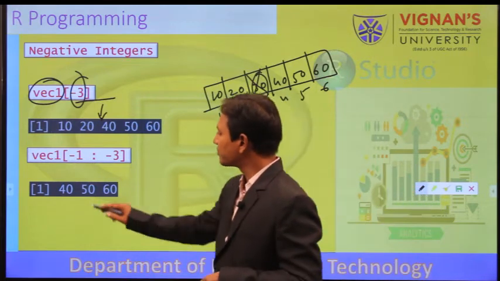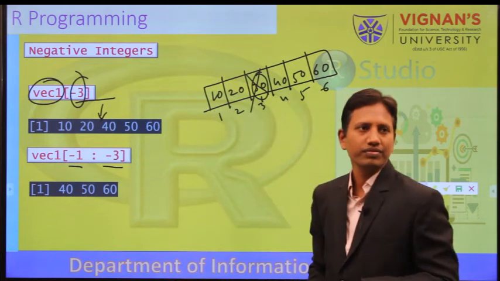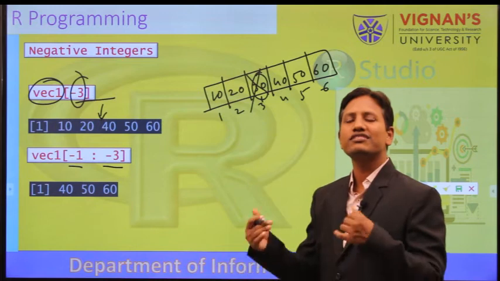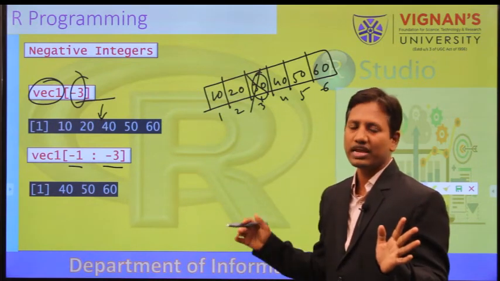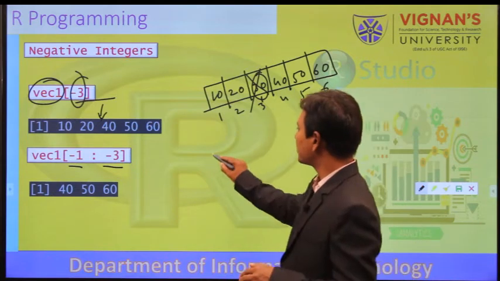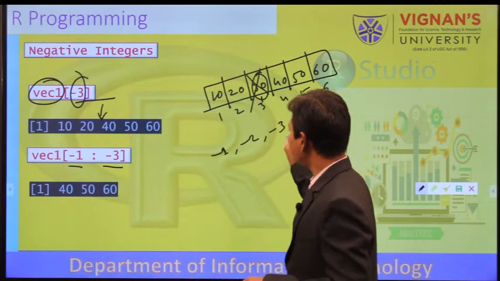And even the range operator also works with -1. See this, -1 to -3. So we are saying that you omit the first 3 values. The index range starts from -1 to -3. So it counts like this: -1 and -2 and -3.